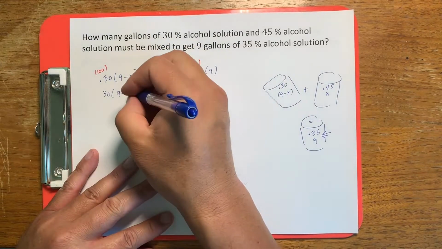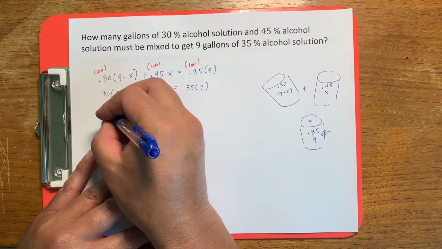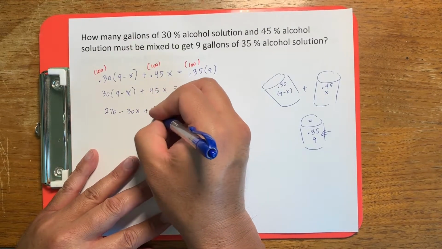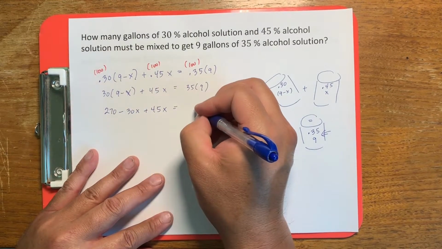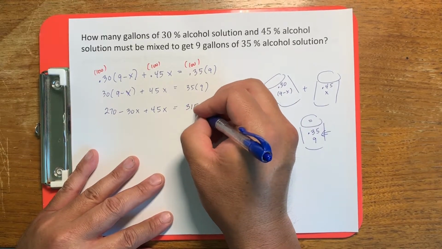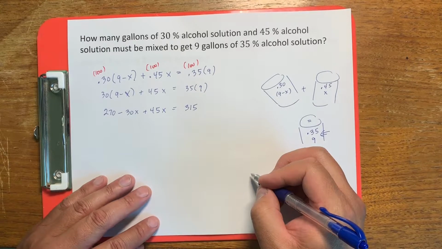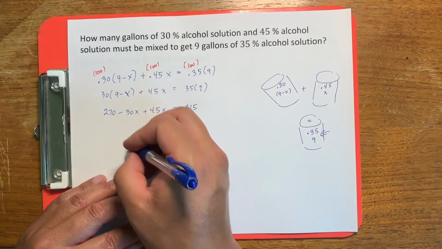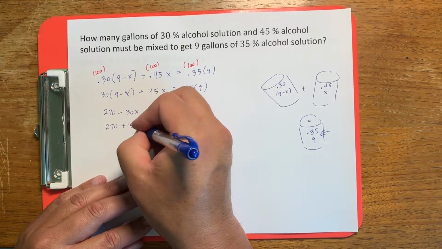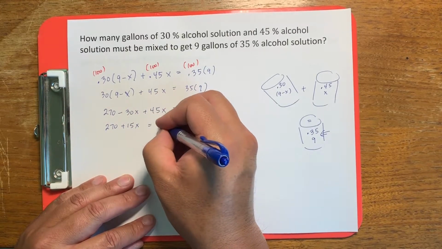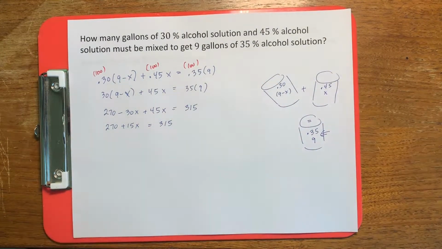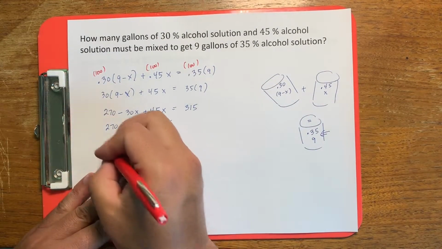When we distribute this, we'll get 270 minus 30x plus 45x is equal to, when we multiply these two, we should get 315. Now, let's combine like terms over here. So I should get 270 plus 15x is equal to 315. And then I'm going to subtract 270 from both sides.